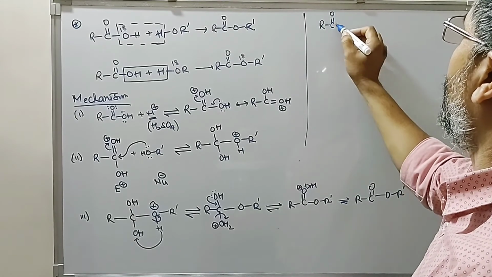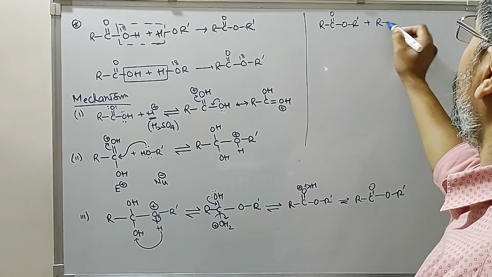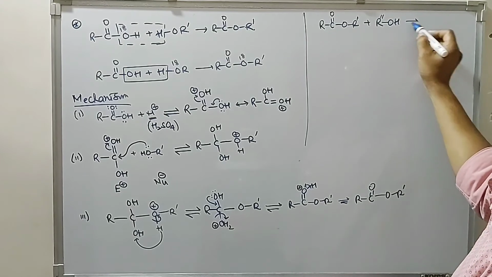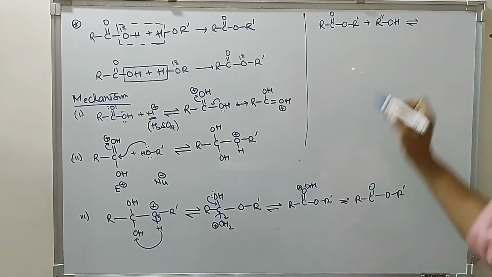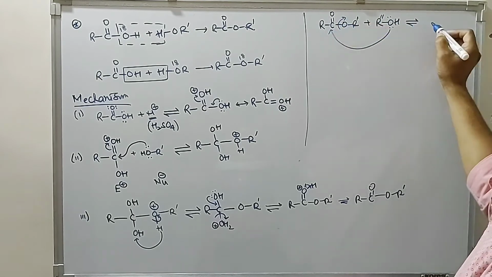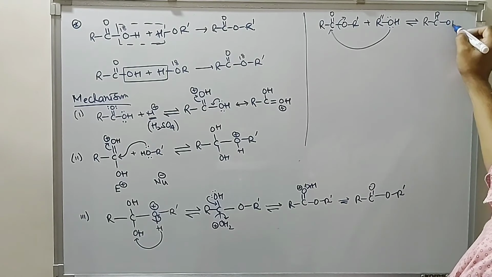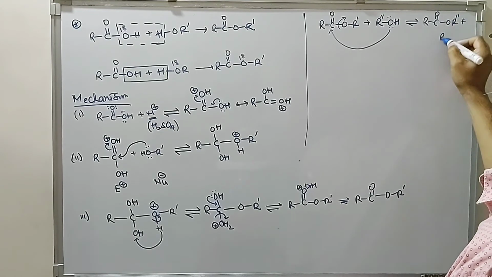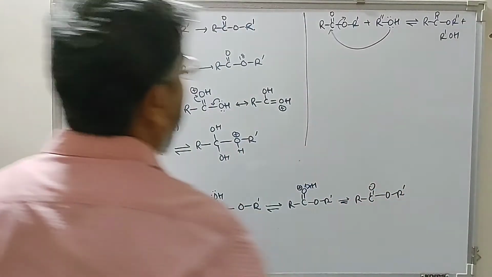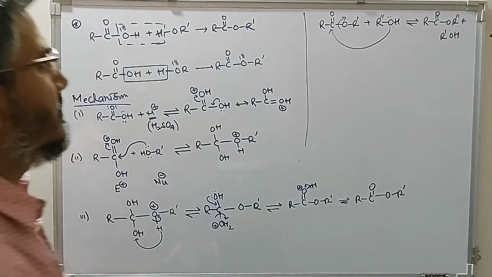RC double bond O R prime also reacts with alcohol, and this gives you cross esterification. So RCOOR double prime plus ROH, that is cross esterification, cross Fischer esterification reaction.